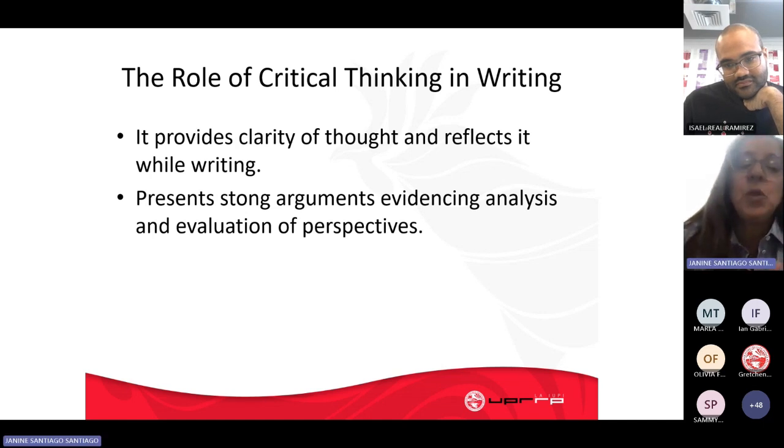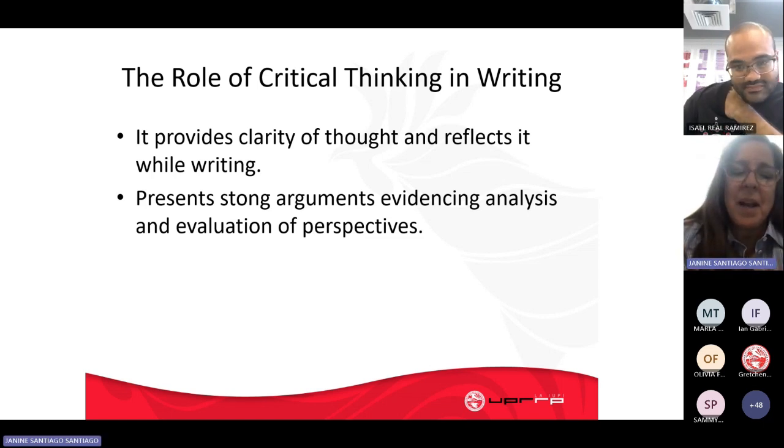Now we're going to move to the role of critical thinking in writing. If we do the process while we are reading, then in writing it's going to be evident, because it's going to provide clarity of thought that is going to be seen in the writing.